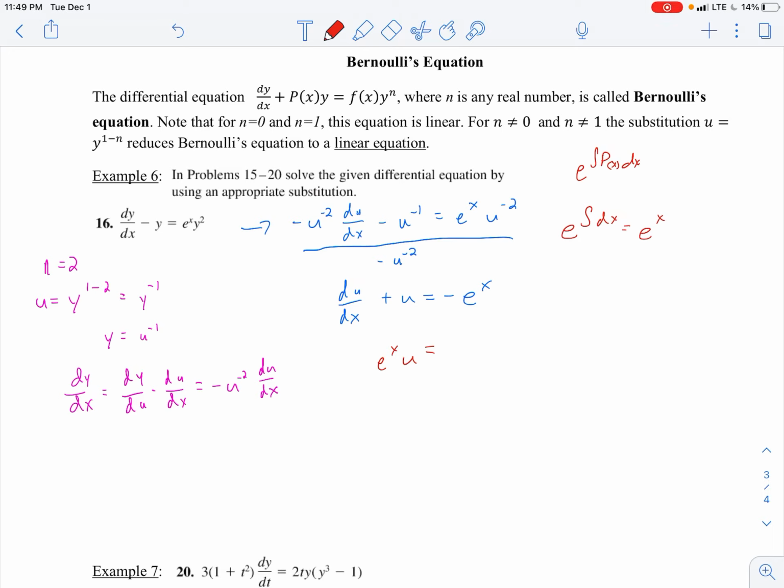So on the left-hand side, it's just going to be e to the x u. But on the right-hand side, we're going to multiply by the integrating factor. So I have negative e to the x, and then I'm going to multiply that by an e to the x.